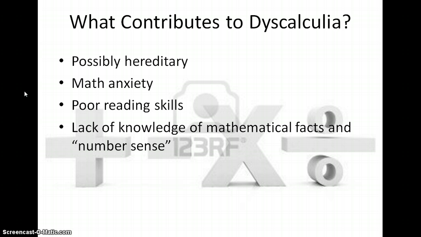A lack of knowledge of math facts and a common sense about numbers can also be a huge block when students at the higher levels of math are trying to do algebraic problems and solving systems of equations and graphing and finding different values in geometry. All of that will be quite difficult if the students don't have basic knowledge of rules and what different operations do.